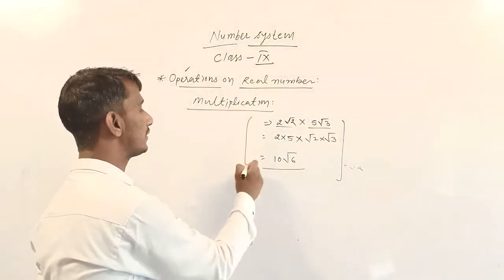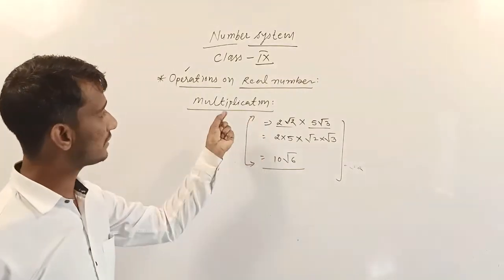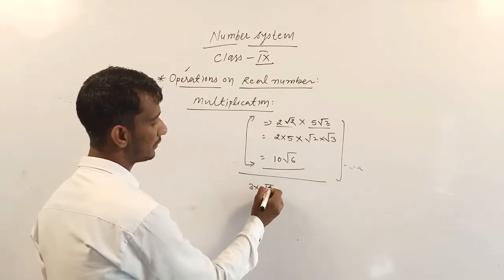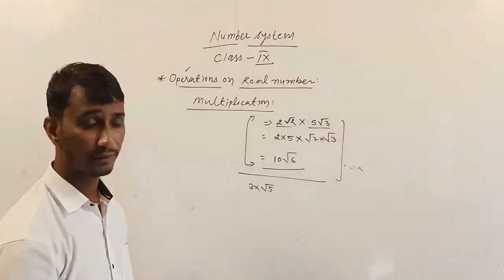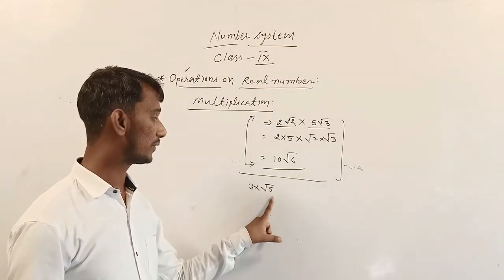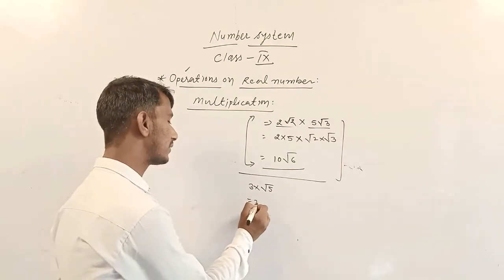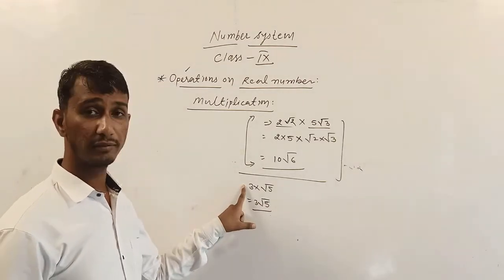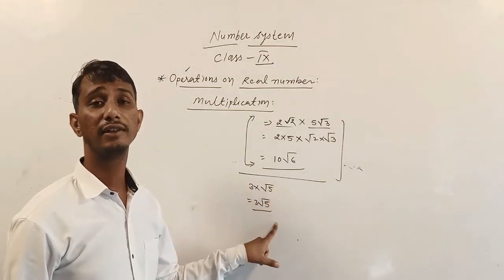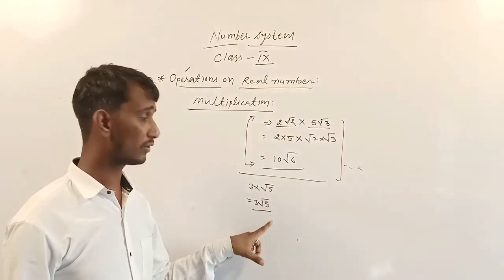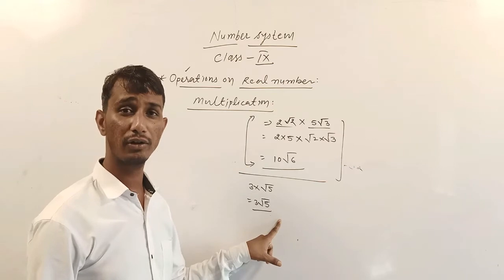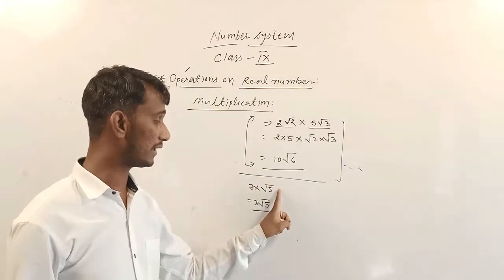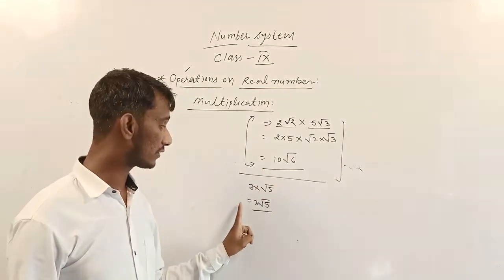Now I am telling the example of rational and irrational: 3 into root 5. 3 is a rational number and root 5 is an irrational number, so the product 3 root 5 is also an irrational number. Is it true for all? Yes, it is true. For multiplication, if a rational number is multiplied by an irrational number, the product will be irrational.